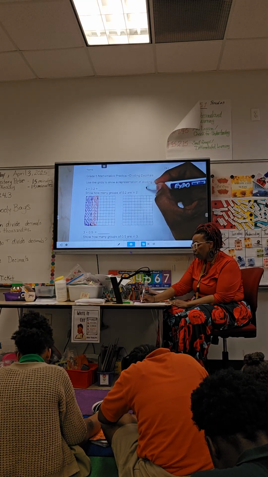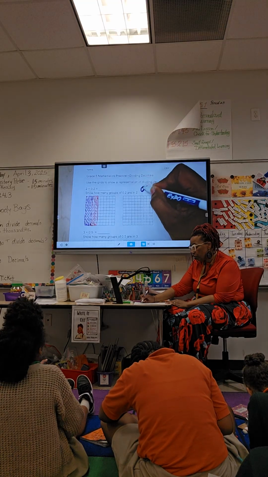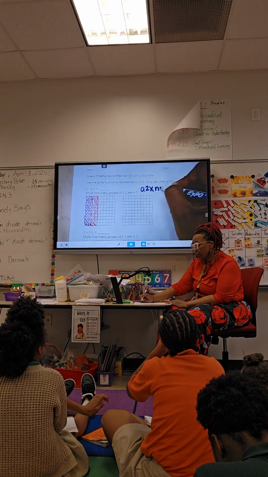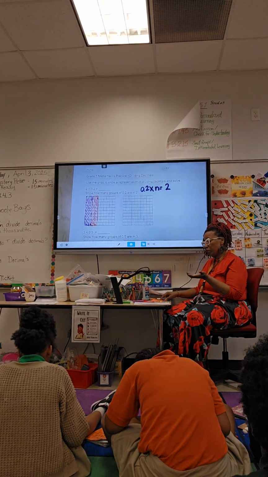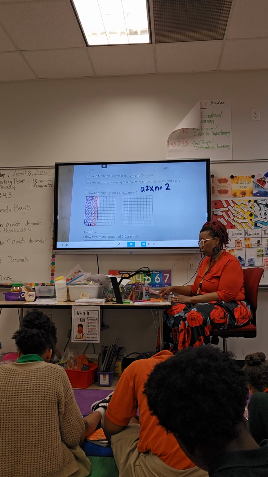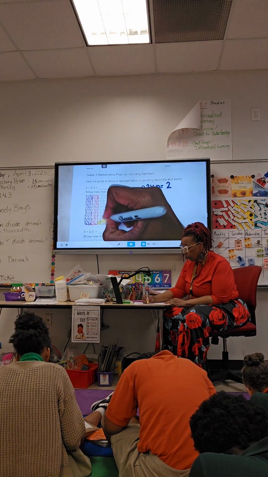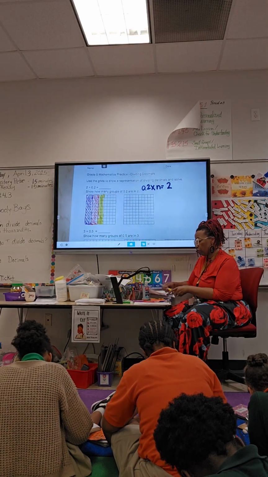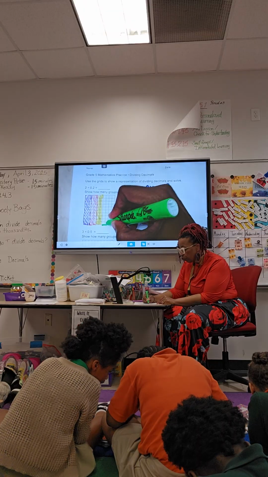If you are confused still, change it. 2/10 times what equals 2 wholes. And that might help you as well. Okay, so 2/10, 2/10, 2/10. And you gotta do the whole thing, the whole grid, both grids rather.